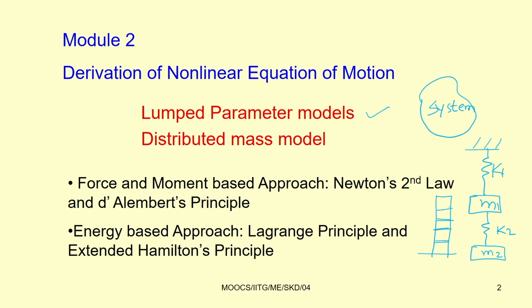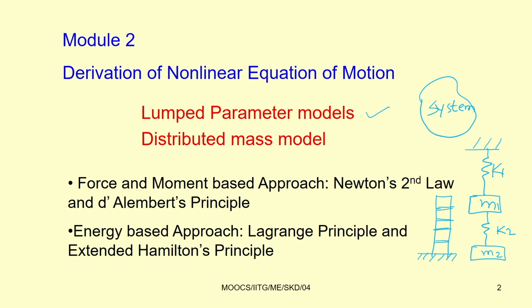These systems you can model either by a multi degrees of freedom system or as a continuous system. Almost all or most of the systems you can model as a continuous system, but in a continuous system the number of degrees of freedom tends to infinity, and it is very difficult to model.